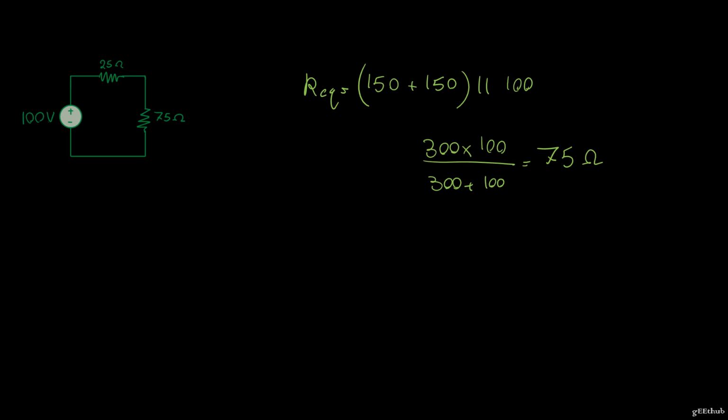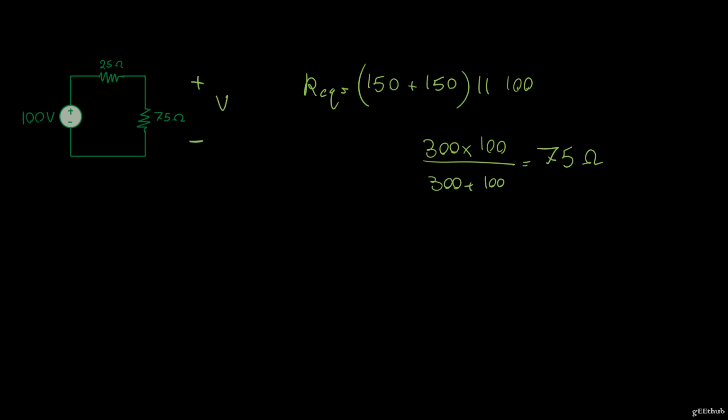Here, my 25 ohm resistor is the same one since the beginning. It has not been touched. My source as well. But then the rest of the circuit has been summarized by this equivalent resistance over here, which is a 75 ohm resistor. So now that we have this simple circuit, we can just solve for the voltage drop across this 75 ohm resistor, which represents the entire circuit except the 25 ohm.